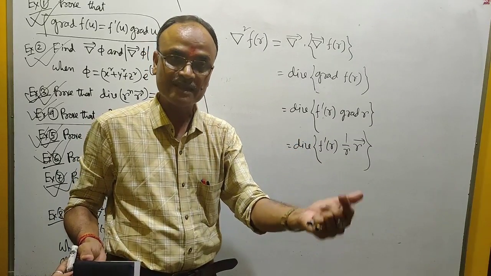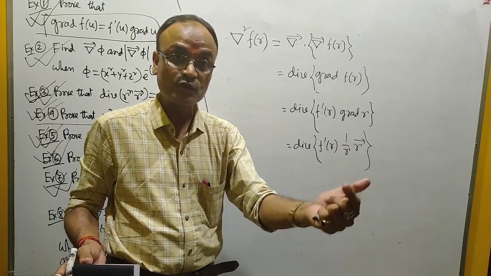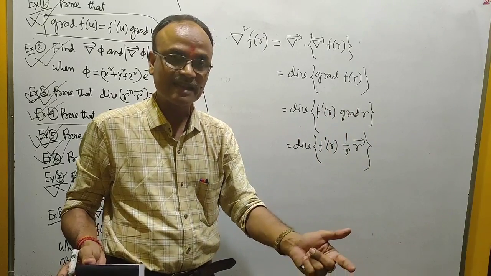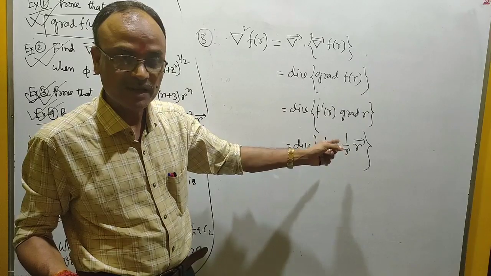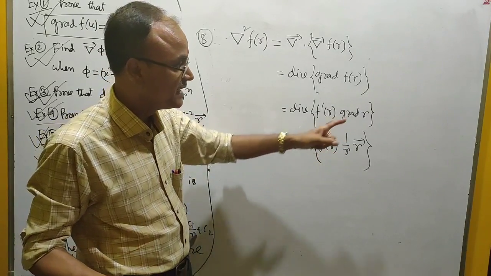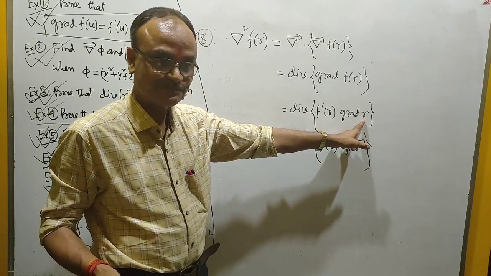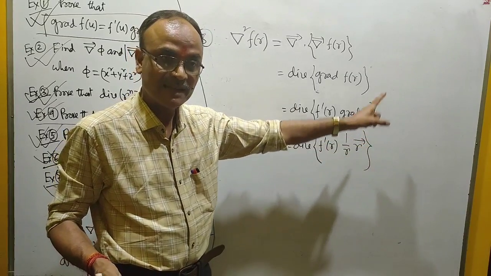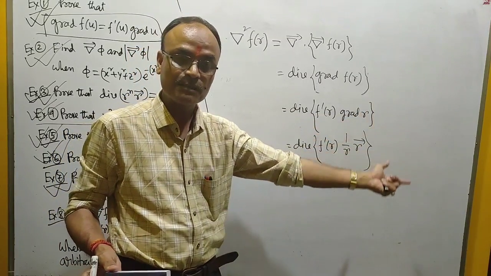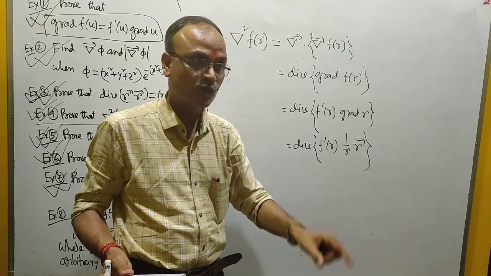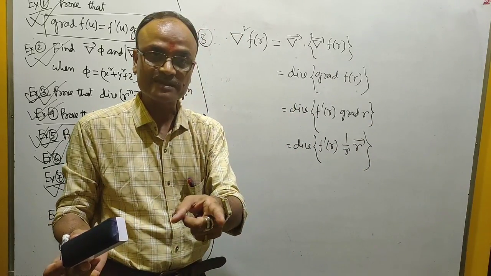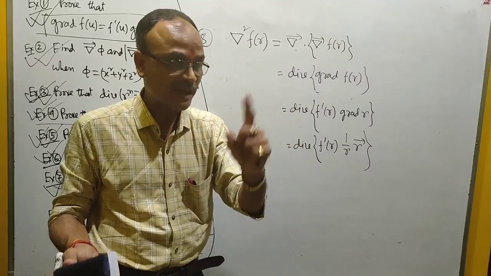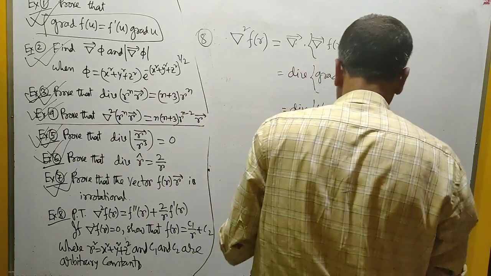Differentiate with respect to x partially: twice r del r by del x equals twice x, so del r by del x will be equal to x by r. Similarly, del r by del y equals y by r, and del r by del z equals z by r. Therefore, gradient of r will be equal to i cap x by r plus j cap y by r plus k cap z by r. This is equal to 1 by r times, in the bracket, x i cap plus y j cap plus z k cap, which is nothing but r vector. So 1 by r times r vector.